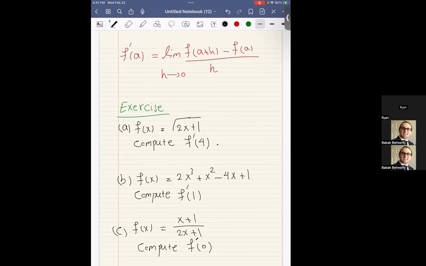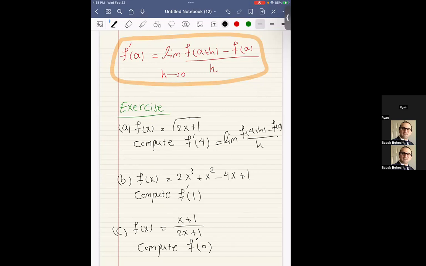So remember, f prime of a is given by this limit. For example, for part A, you have to compute the limit. So f prime at 4 is equal to the limit of f of 4 plus h minus f of 4 over h as h goes to 0.